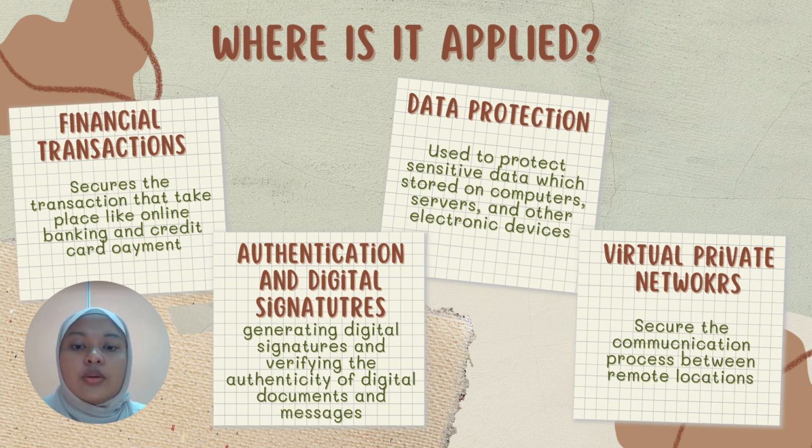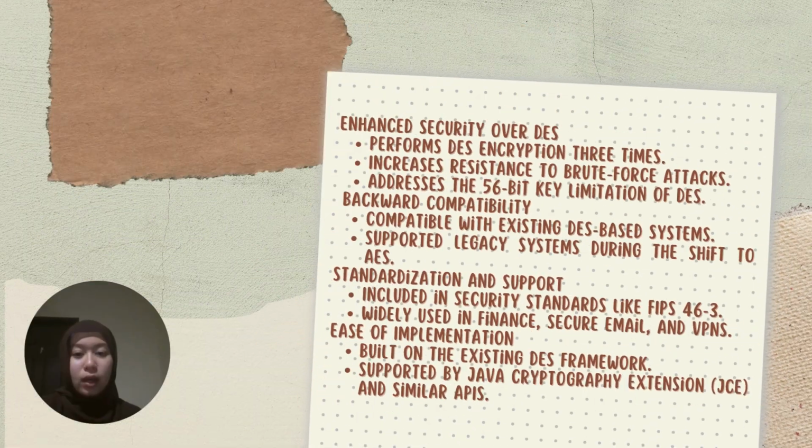Next is virtual private networks, which secure the communication process between remote locations. And lastly is authentication and digital signatures, which can be used in combination with cryptographic hash functions for generating digital signatures and verifying the authenticity of digital documents and messages.